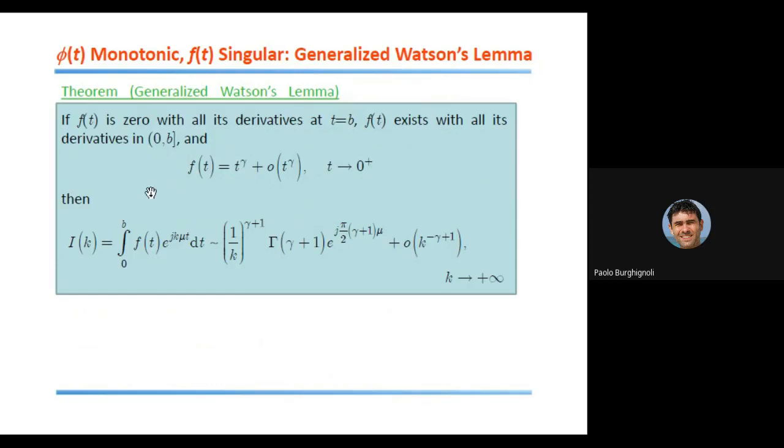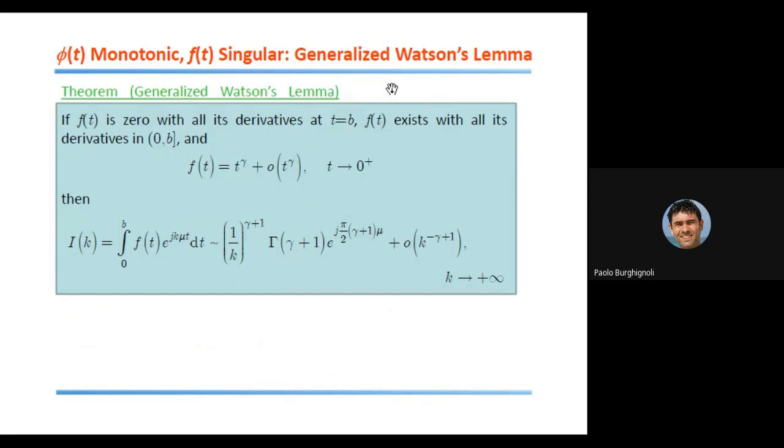Now, if all this is true, then we are able to get this asymptotic representation of the integral, in which you can see there is an inverse power of k up to gamma plus 1. Then there are numerical constants, in particular, again, the gamma function, which is ubiquitous in asymptotics, evaluated at gamma plus 1. And then there is an exponential in which you can see all the involved constants.